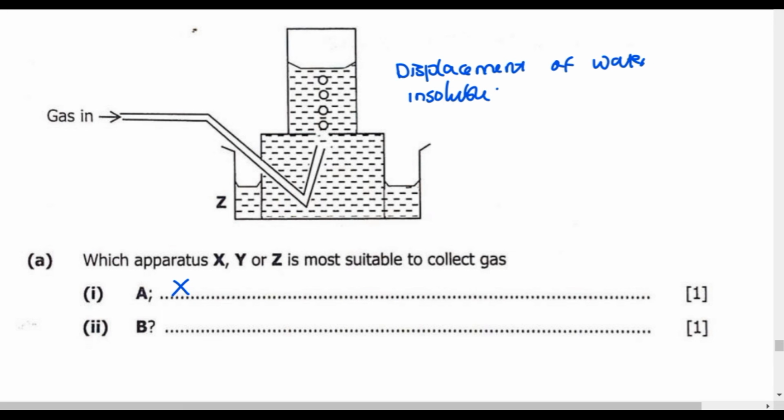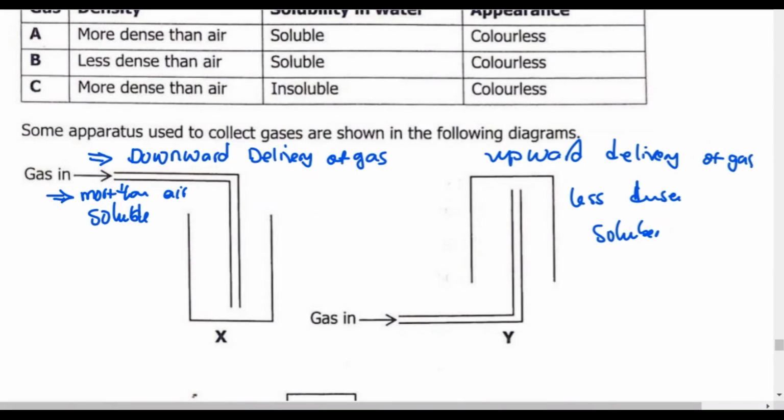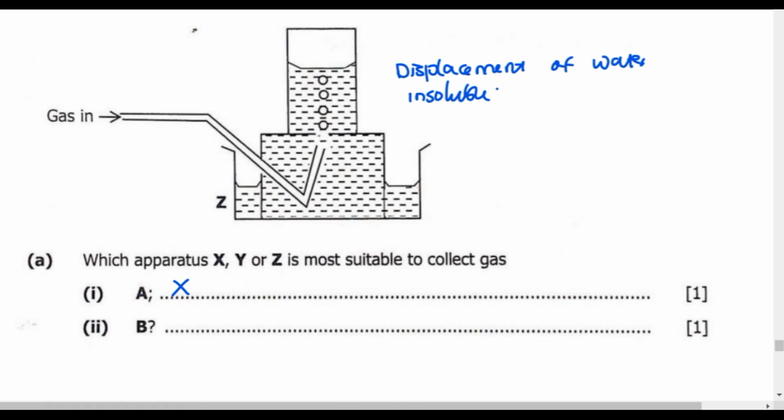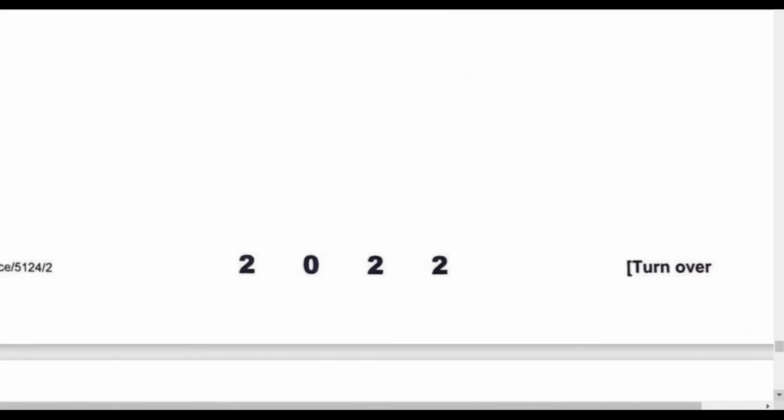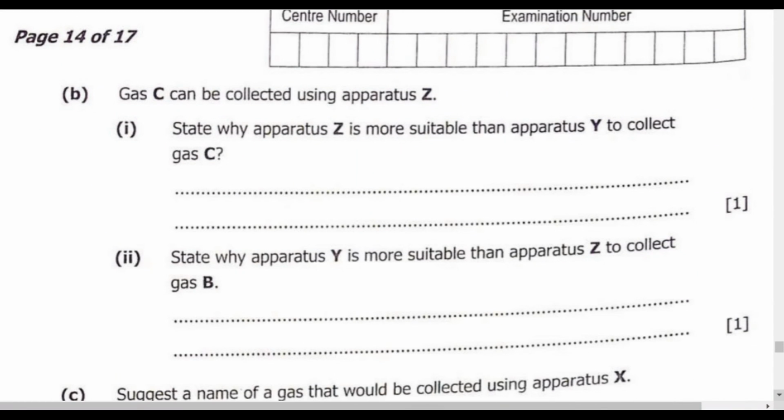Let's look at the characteristic of B. Less dense than air, soluble, so we need to use Y. Okay, so let's check question B. Gas C can be collected using apparatus Z. So apparatus Z is the displacement of water.